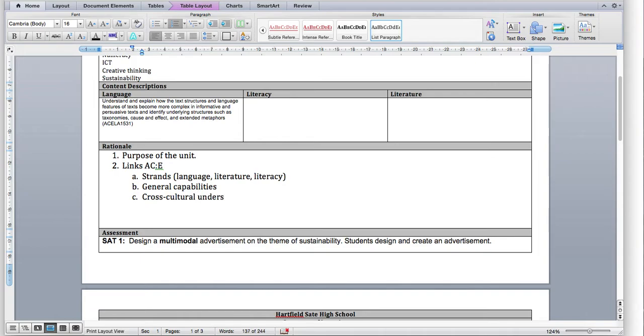Cross-cultural understanding. And tell me how the unit suits students at Hartfield. Okay, why is it relevant to those students? Why on earth would they find this unit of work interesting? It's your job in this rationale to make a case for why it is relevant.